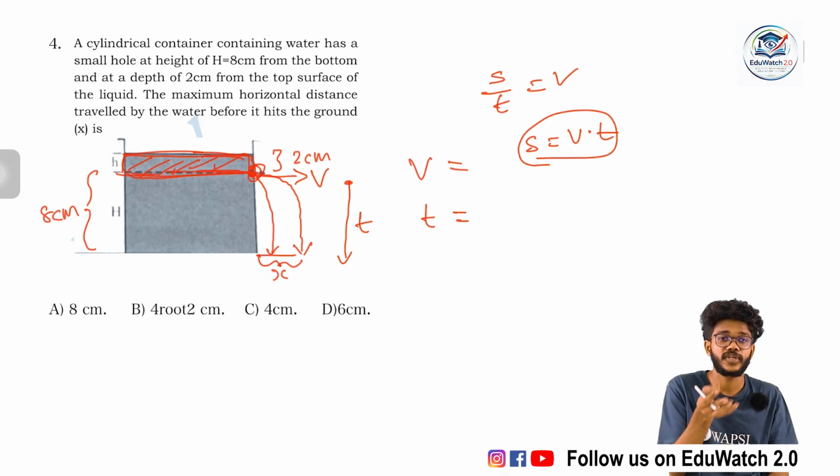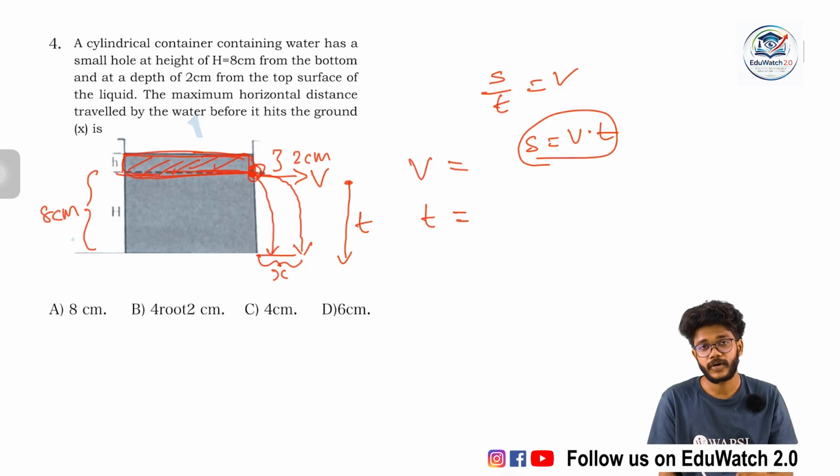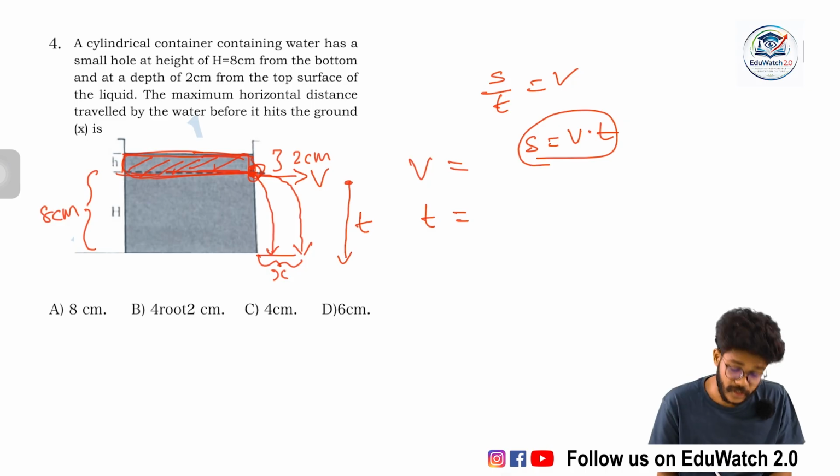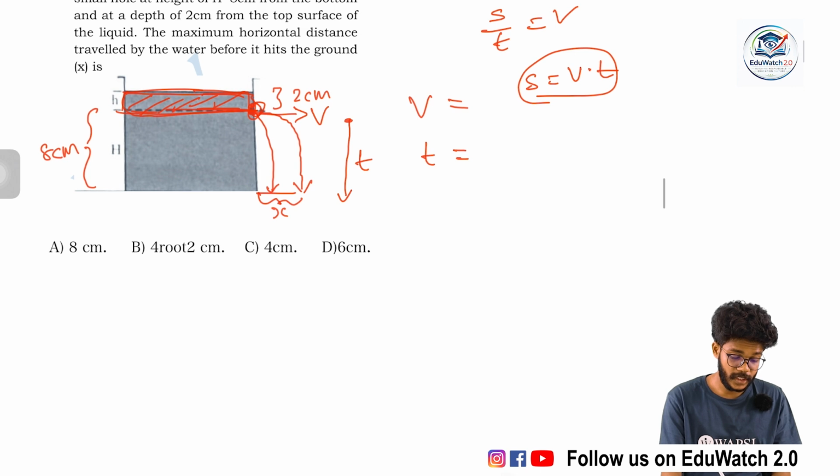That means the potential energy stored above the hole, mgh. The small height is 2 centimeter, so h is 0.02, and what is mass?